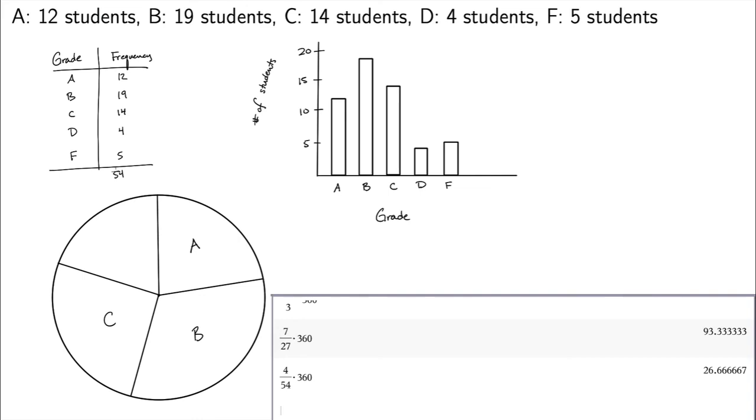And I'm going to at the same time do my 5 out of 54 for my F's times the 360, and that's about 33 degrees. So I'm going to go ahead and create this. It creates both of those, and we know that there's slightly more F's, so we're going to just kind of go over like that. It's going to give us a good approximation there. So D and F.